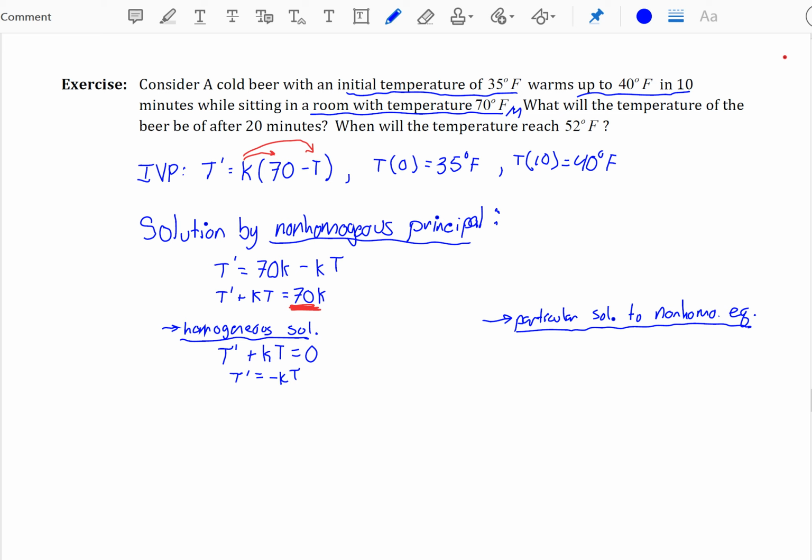Now you can use the separation of variables technique to solve this differential equation. However, from form recognition, I recognize that there's only one function whose derivative is a negative multiple of itself. It has to be T homogeneous is c e to the negative kt. This is your homogeneous solution.